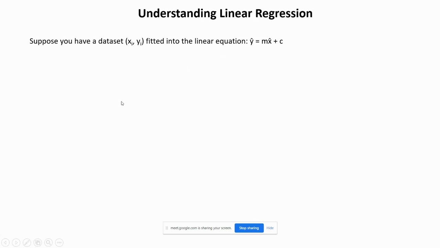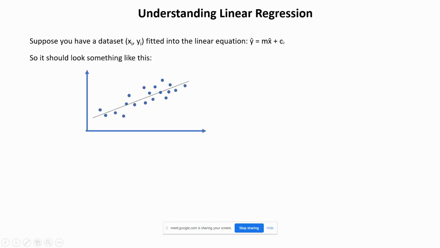So now any given random set of data, if you fit it into a best fit linear curve, by linear curve, I mean it is a straight line. And what is the equation of a straight line? It is of the form y equals mx plus c, where m is your slope and c is your intercept, right?